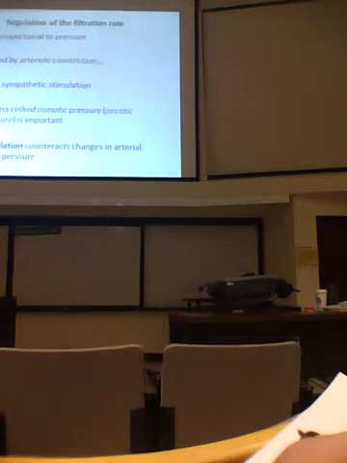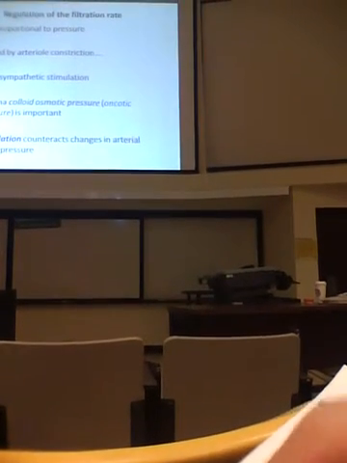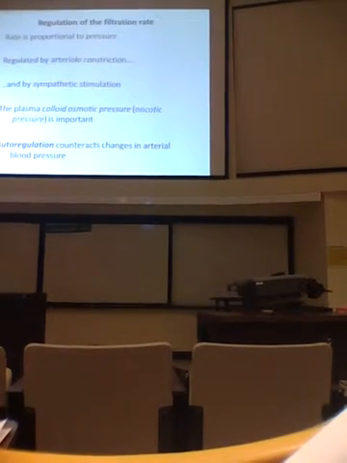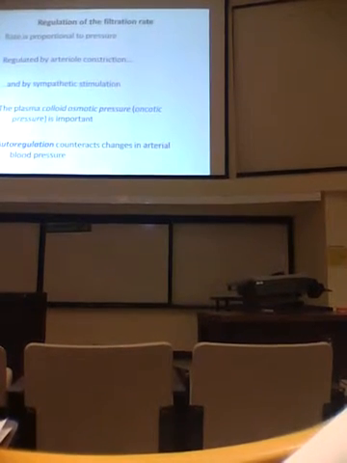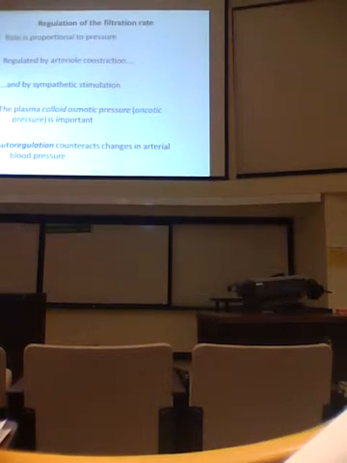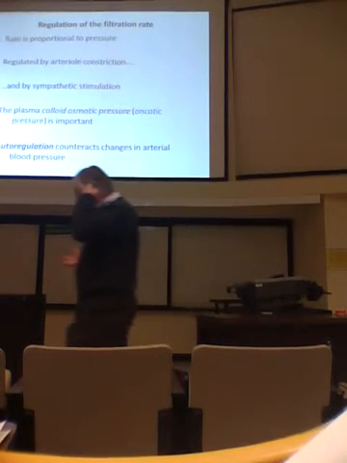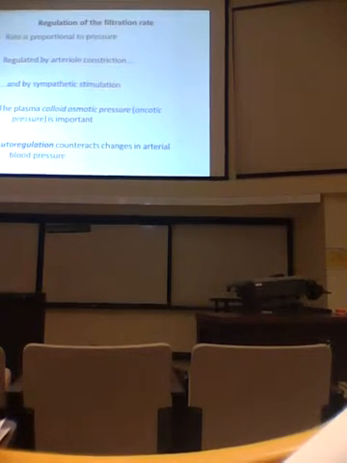And it's regulated, I'll show you this in the next few slides, by the constriction and relaxation of the arterioles going in and out, and by sympathetic nerves. As I pointed out to you just now in an example, the plasma colloid osmotic pressure is important. That was the business about losing protein. If the filter's screwed up and you start losing protein, then you muck up the oncotic pressure difference.